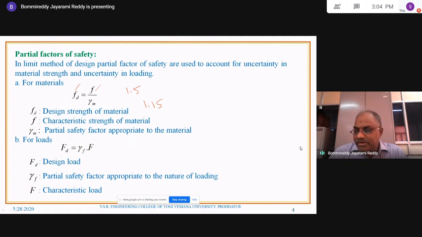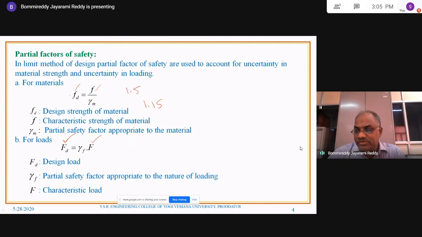Similarly, for characteristic loads, the design load will be equal to the characteristic load multiplied by the factor of safety. So here the factor of safety multiplies the characteristic load, whereas in case of materials the stresses are reduced.